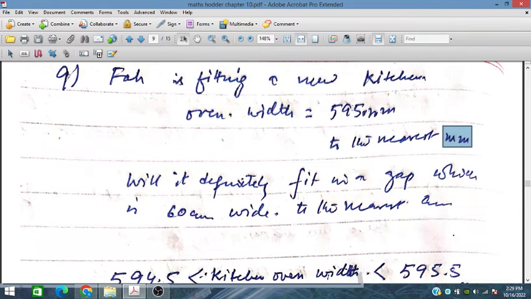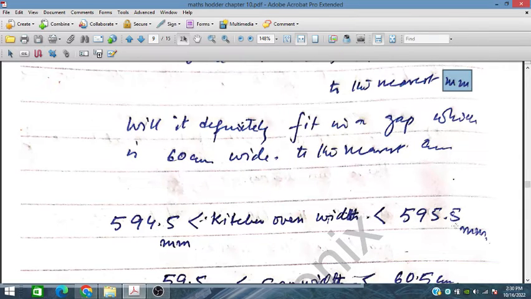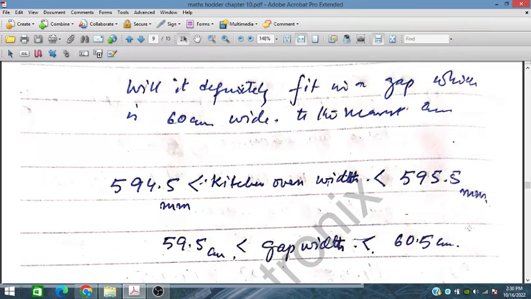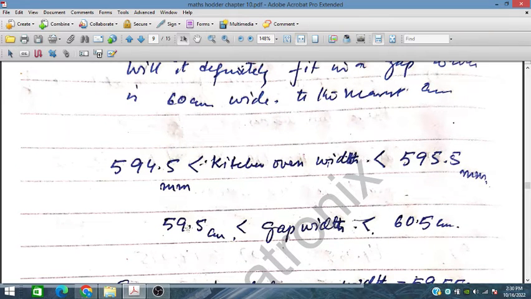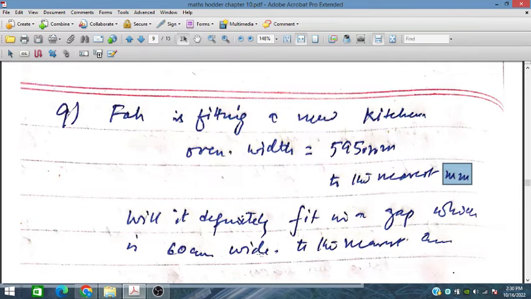So we will take it as 595.4. This is the kitchen oven width's upper bound to the nearest millimeter. So this is 59.54 centimeter gap width. We are given a gap width of 60 centimeters wide.